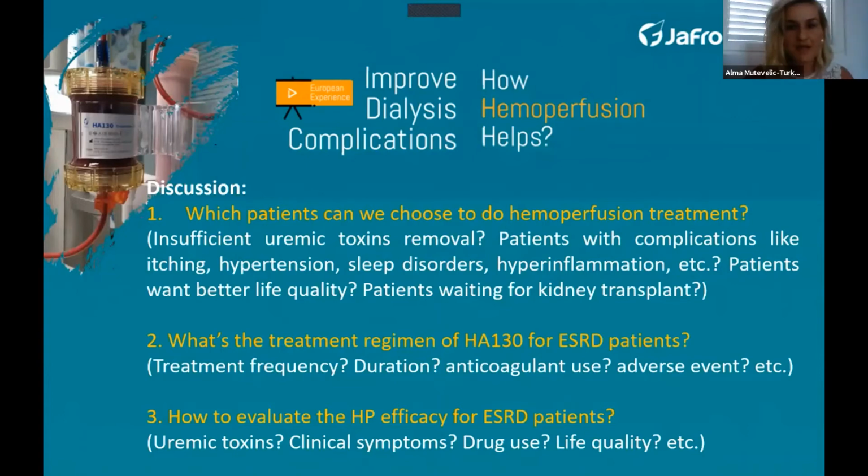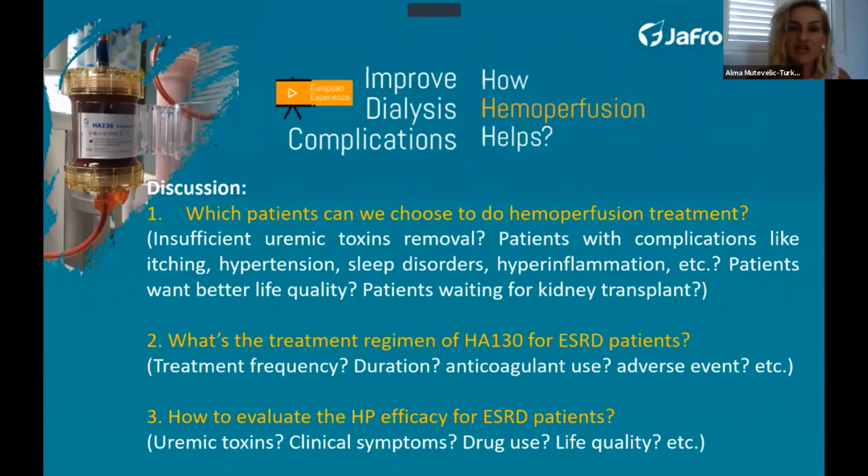Thank you, Professor Vincenzo, for asking me those questions. First, I have to say that the patients we chose for hemoperfusion treatment were younger and middle-aged patients. Also, we had patients who had very high values of phosphorus, very high values of parathyroid hormone, and clinical aspects of these values like pruritus.